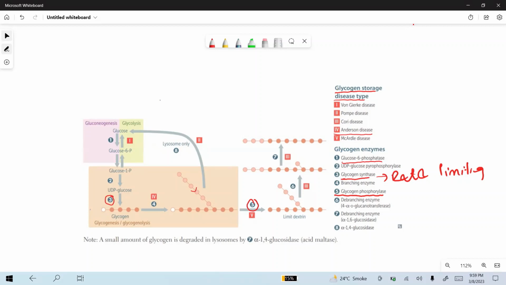If this glycogen phosphorylase is deficient, it will lead to McArdle disease. Anderson disease is due to a decrease in branching enzyme.